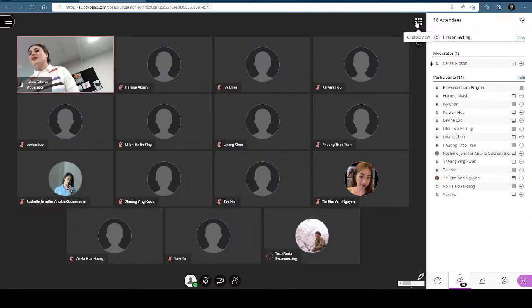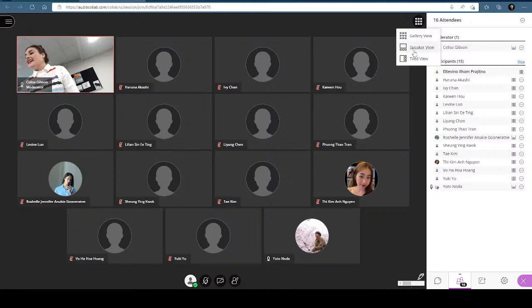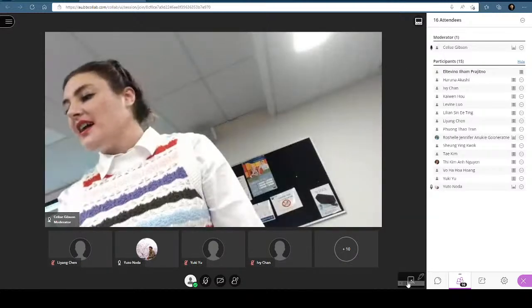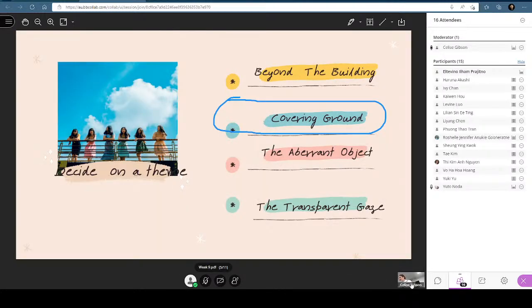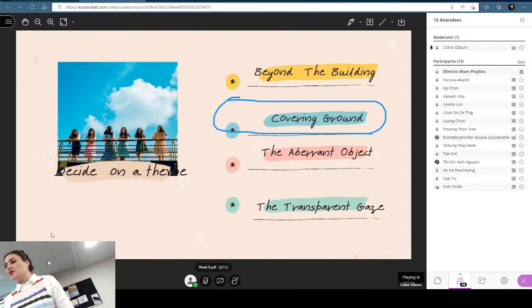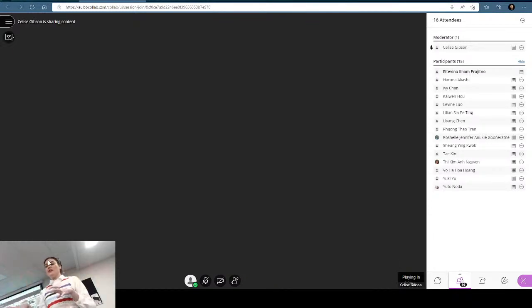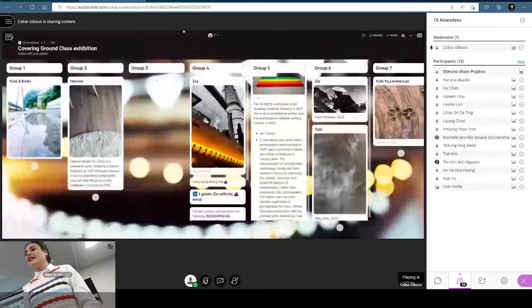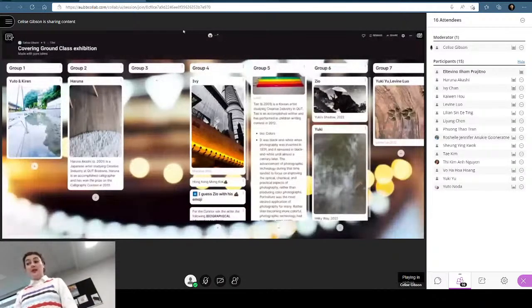Okay, so you should be adding your images to the class Padlet. I will use these next week as a starting point for our further discussion. So if you didn't get a chance to do that yet, please make sure you do. And also head over to the class Padlet and see what other people did with the same topic as you.